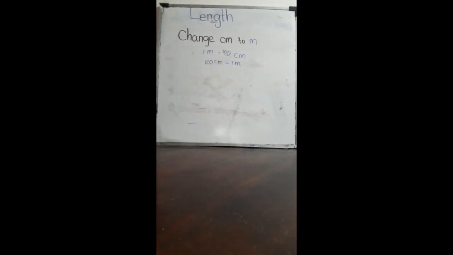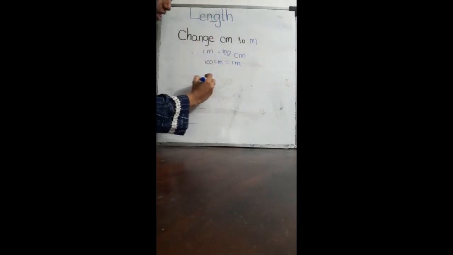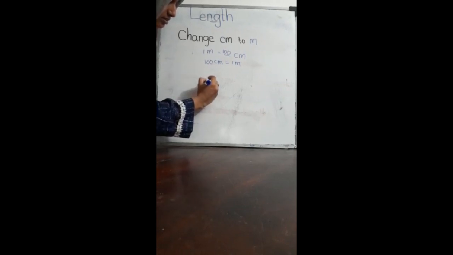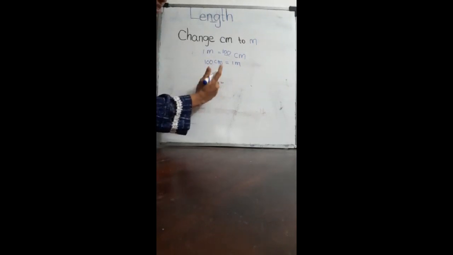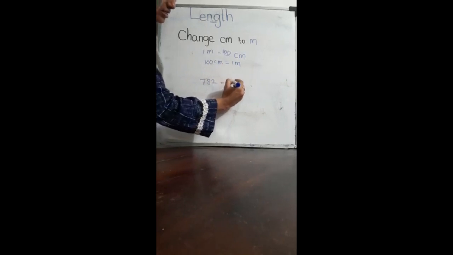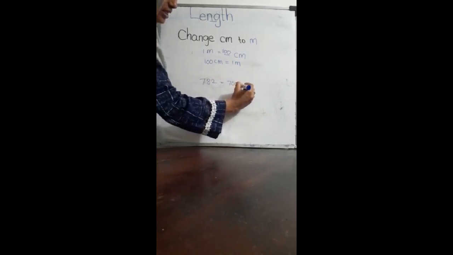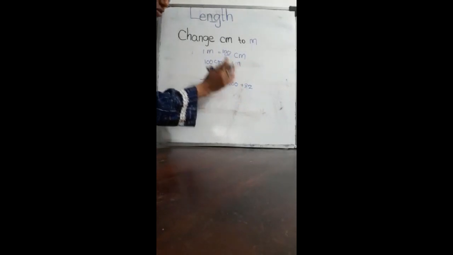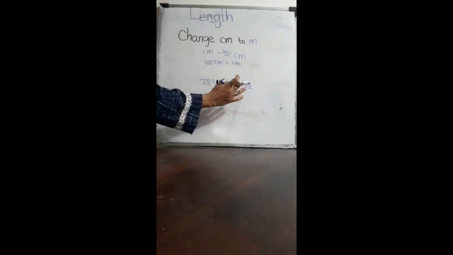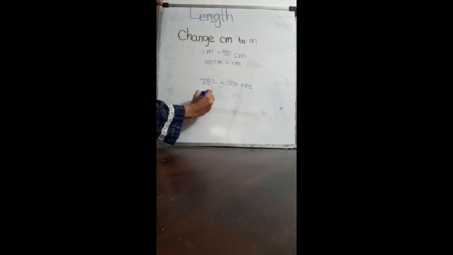Right. Before going to this session, let's do some addition facts. Okay, are you ready? Now here, look at the number 782. How can we write this number? I'm going to expand this number. That means 700 plus 82. Are you clear? Can we write like this? It's very simple, right? So now 140.